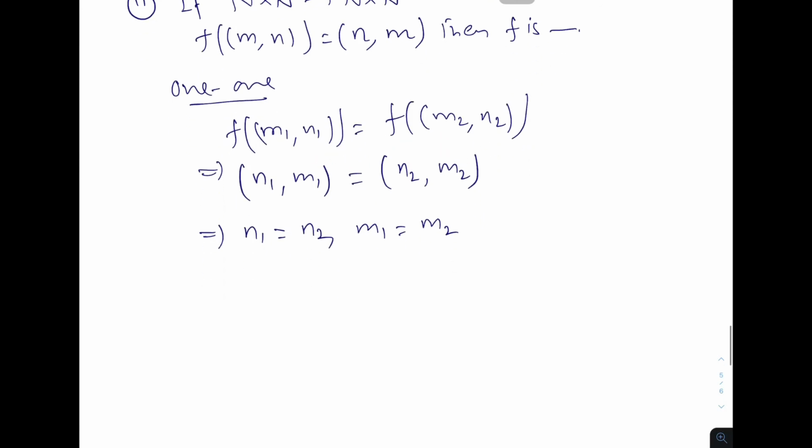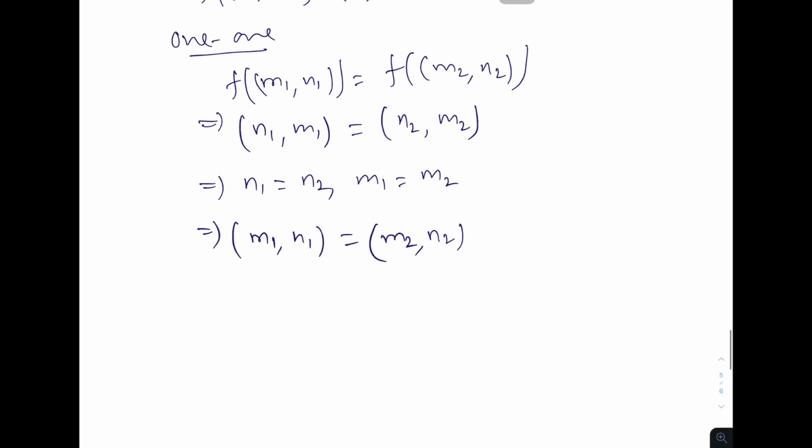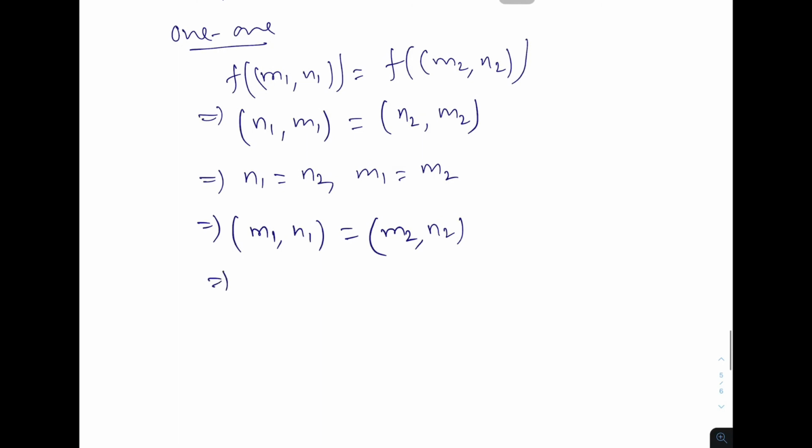So m1 is m2 and n1 is n2. So (m1, n1) equal to (m2, n2), and that implies f is one-one.